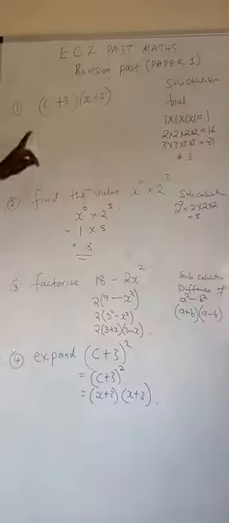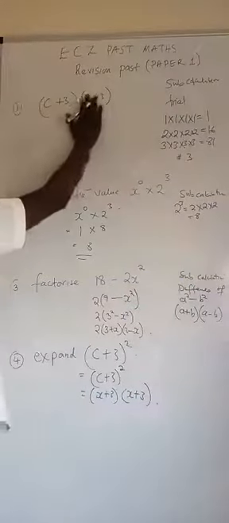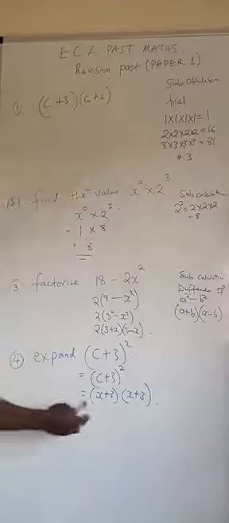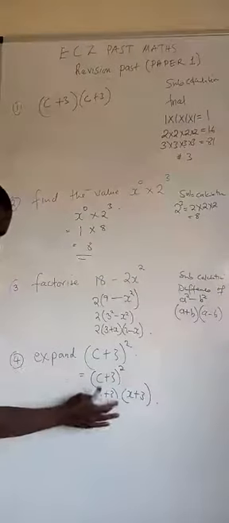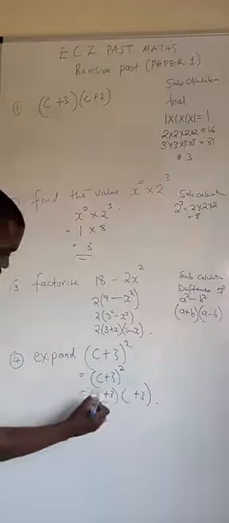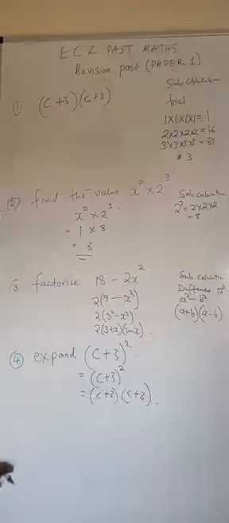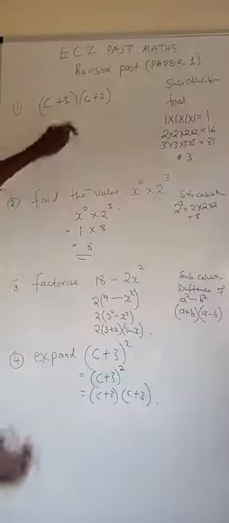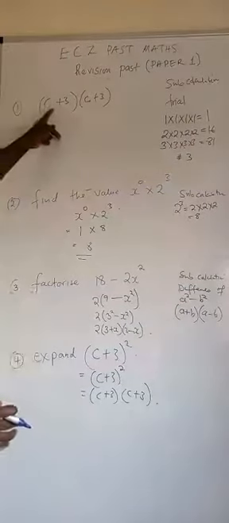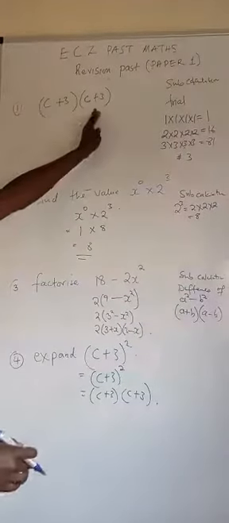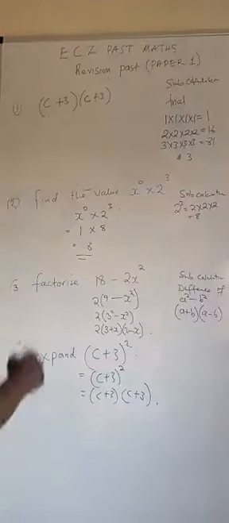The first thing you do, you look at this. This is c plus 3, of course. Sorry, not x. C plus 3. This is c. C plus 3. Again, even here, c plus 3. So there are 2 of them. You're multiplying c plus 3 times another c plus 3. So the first letter here, you bring it down here, c.